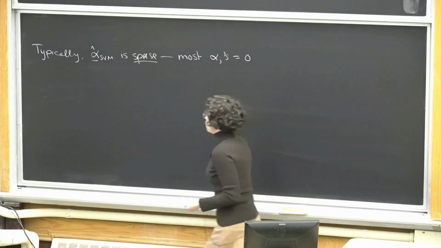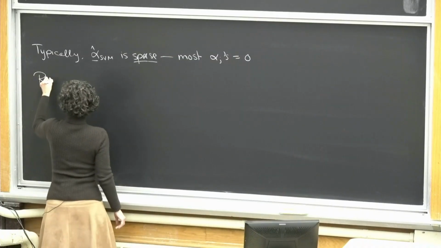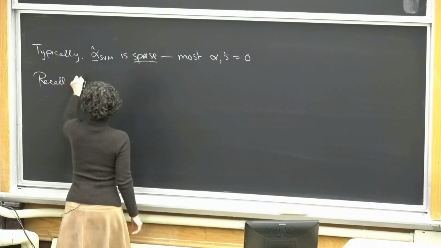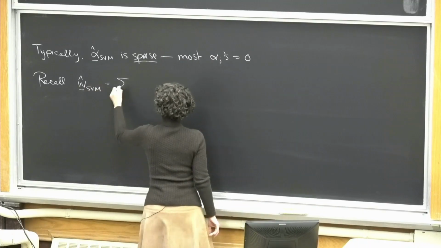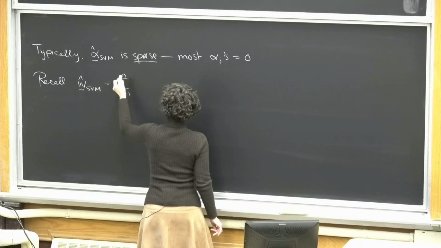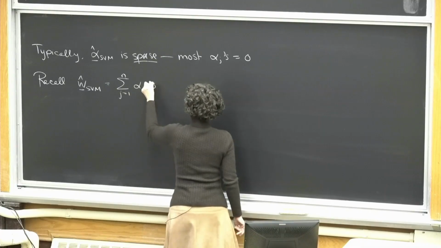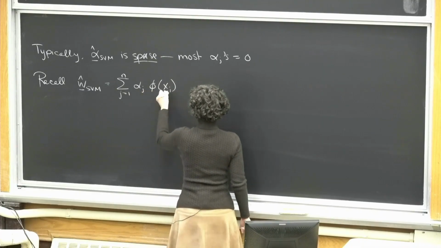And so if we recall that our weight vector w hat SVM is equal to the sum j equals 1 to n alpha j phi of xj.